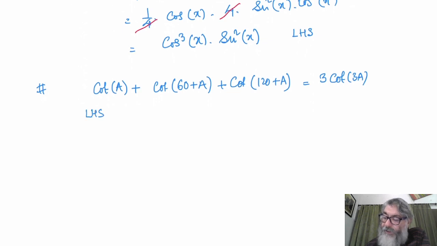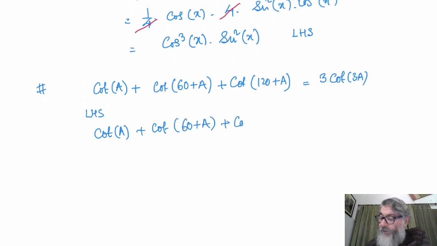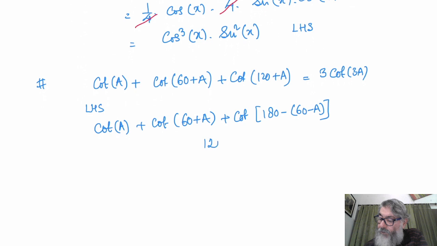Cot A plus cot (60 plus A) plus cot (120 plus A). What we have done is, 120 plus A we have written as 180 minus (60 minus A). 180 minus 60 will be 120, and minus times minus will become plus.